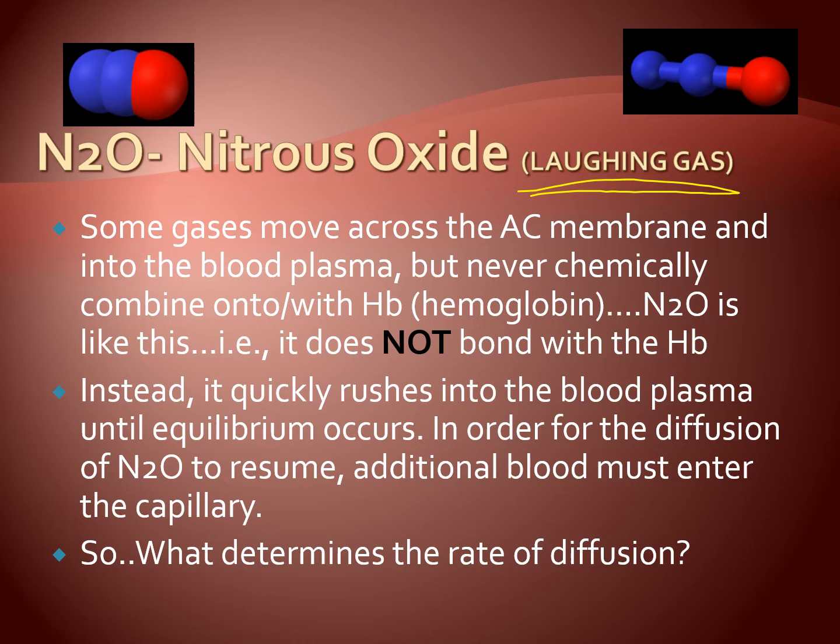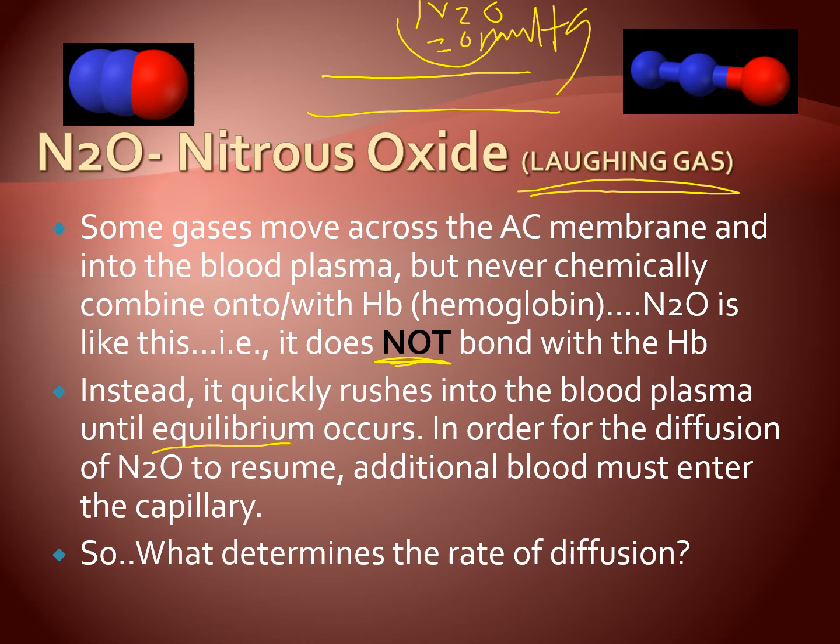So this one does not bond with the hemoglobin. So it goes into the plasma until it reaches equilibrium. So let's say I have an alveoli up here and a capillary down here. And let's say I have a pressure of N2O of, let's just say, 20 millimeters of mercury.